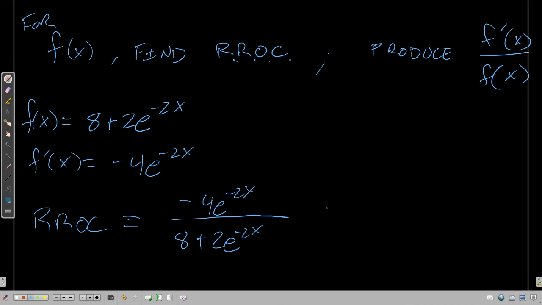That's super easy. You can cancel a 2 everywhere, and you could factor out an e to the minus 2x. Is that really worth it?